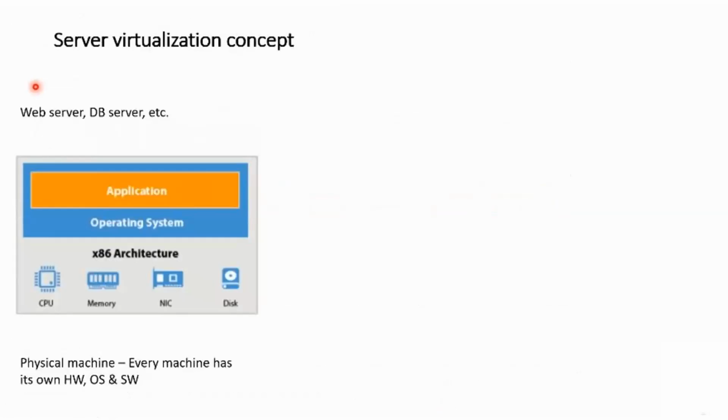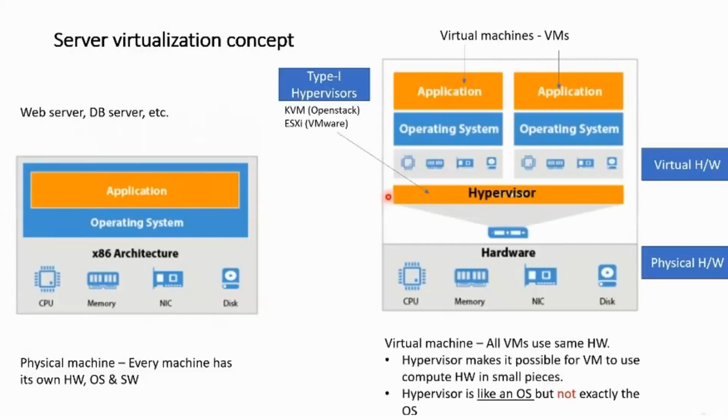So the fundamental concept which existed is virtualization, where we have a physical machine on which we put a host operating system. On top of the host operating system, we can have one or more virtual machines with the help of a hypervisor. VMware and VirtualBox are the popular hypervisors.